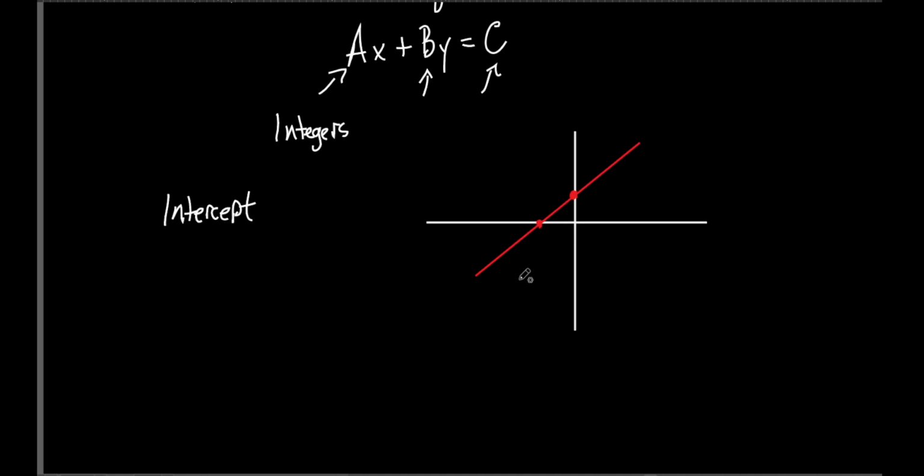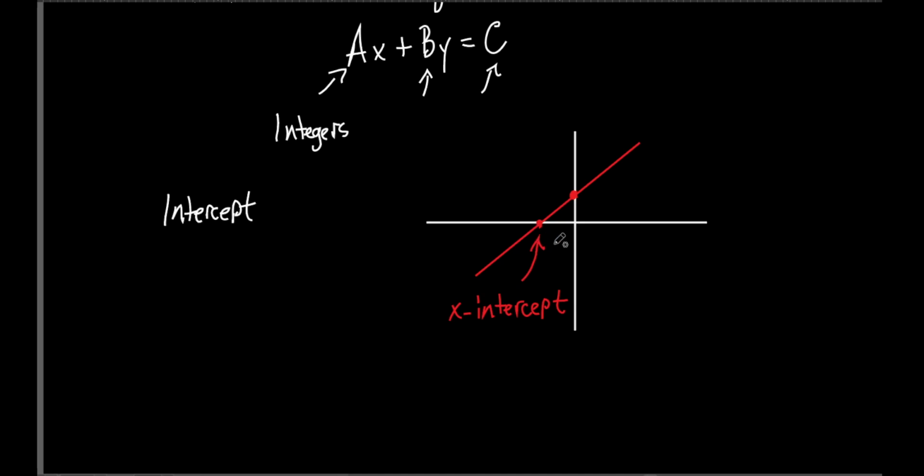So what we do is we call the point, a point's an ordered pair, we call the point where it crosses the x-axis the x-intercept. So these are our intercepts. This is the x-intercept. Why do we call it the x-intercept? Because it does what? Crosses the x-axis.